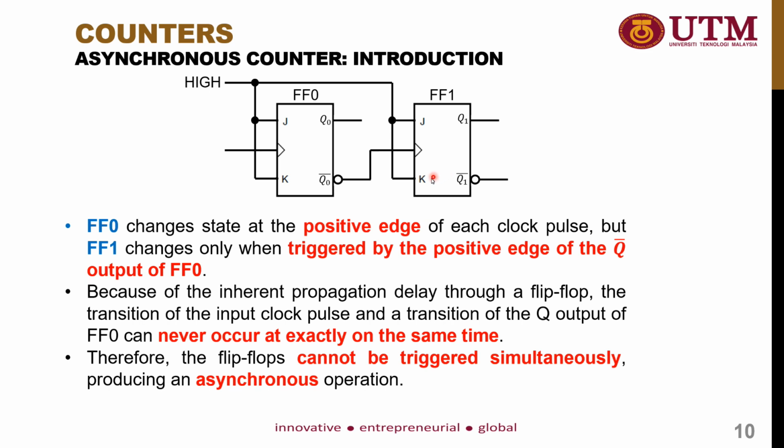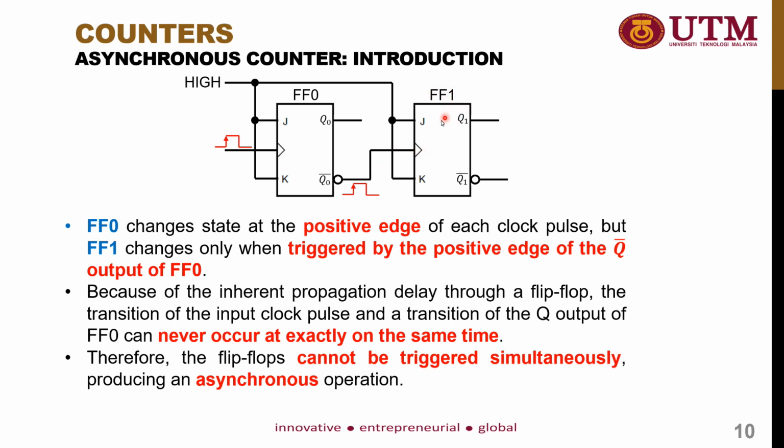For example, if we give the positive edge trigger of the clock to flip-flop 0, it will take some time for the outputs Q0 and Q0 bar to respond. But after the output changes, if Q0 bar has a positive edge, which is from 0 to 1, it will then trigger flip-flop 1.